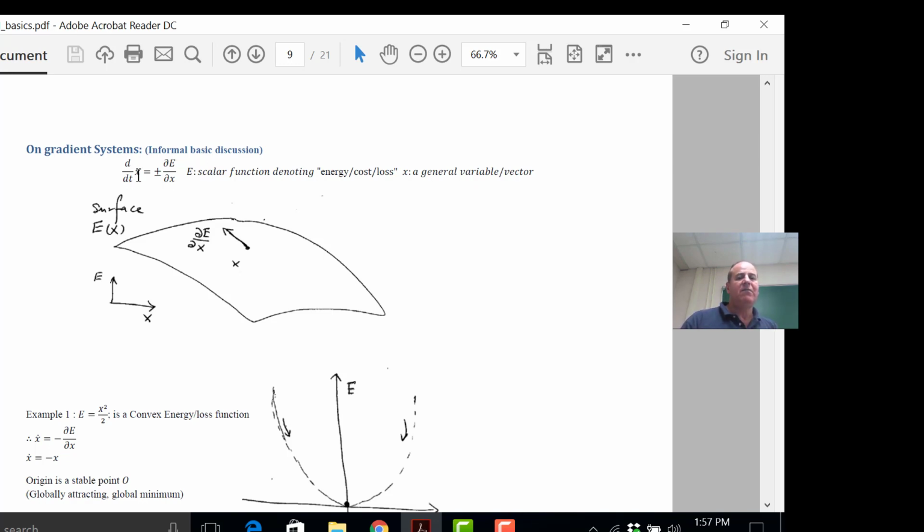You have a variable, it's called x. This variable, in general form, we view as a vector, an n-dimensional vector. We have associated with this variable a scalar quantity we call the energy, or the loss function, or the cost function, E. And then we take the partial derivative of that scalar function with respect to this variable.